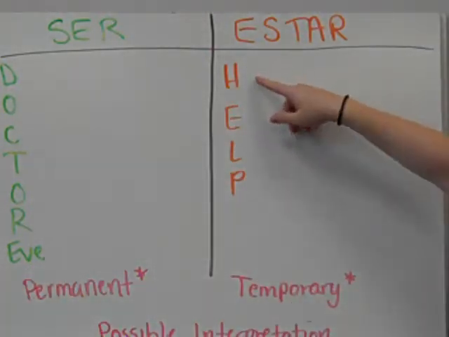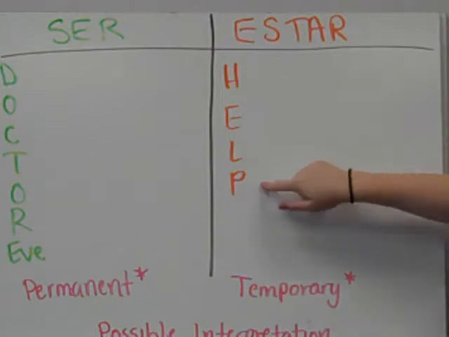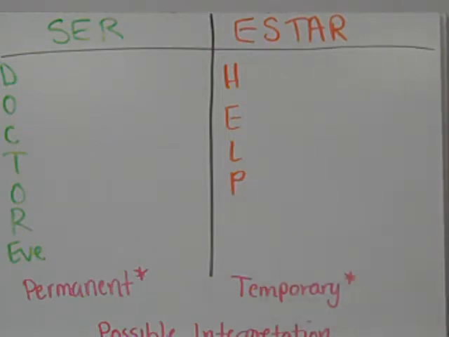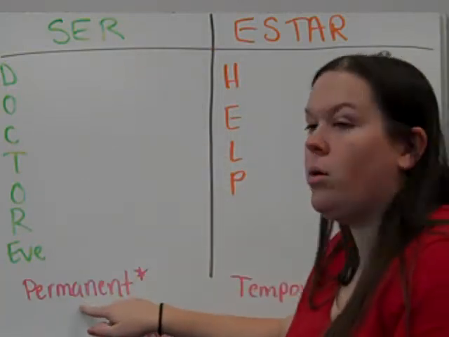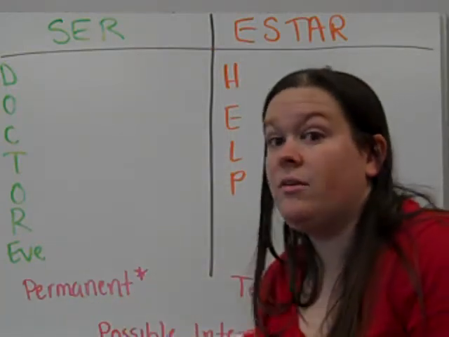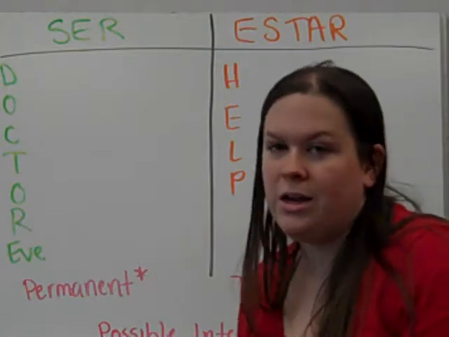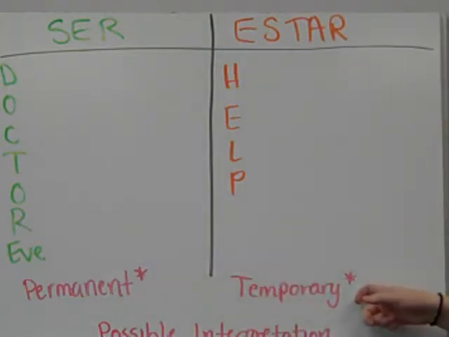In estar, we have health, emotion, location, and progressive. Generally, you can think of ser as the permanent verb, as in these things never change, or at least they don't change from day to day. And estar is a temporary verb, meaning things do change from day to day.